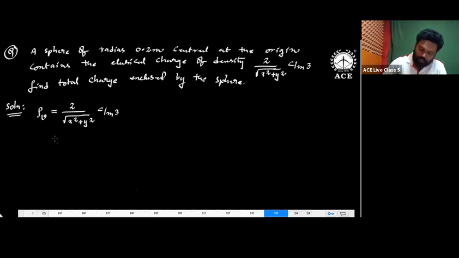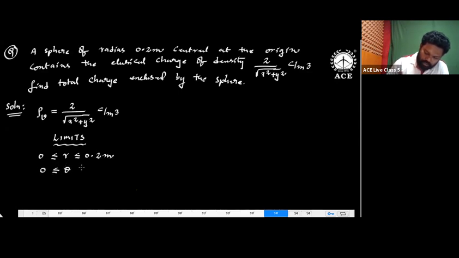And what are the limits here? The sphere limits are given. The radius is 0 to 0.2 meters. Theta is from 0 to pi. Phi is from 0 to 2 pi.